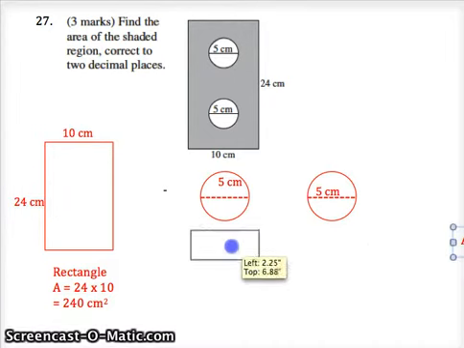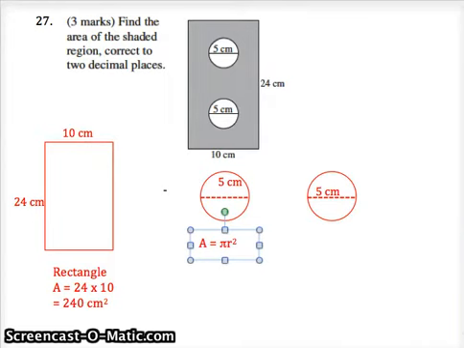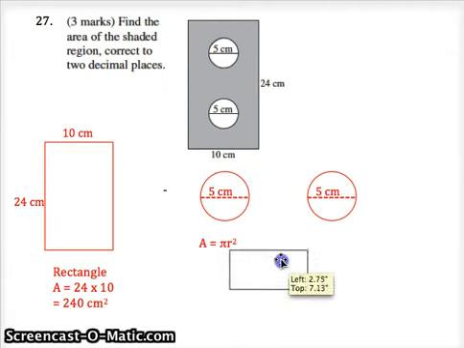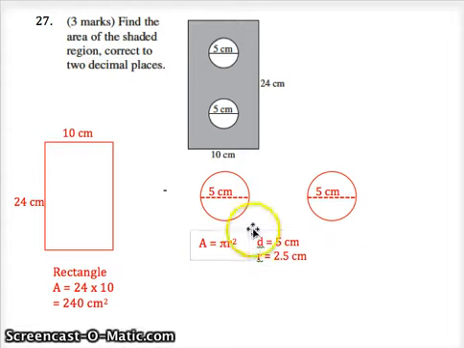Now the formula for the area of a circle is area equals pi r squared. We can see that we've actually got the diameter of each circle. So we know that the diameter of the circles is 5 centimetres, but the formula for area of a circle needs the radius. So if the diameter is 5, the radius is 2.5.